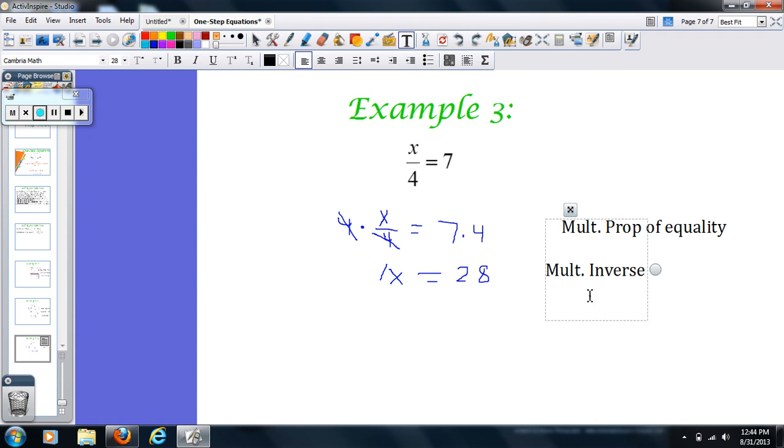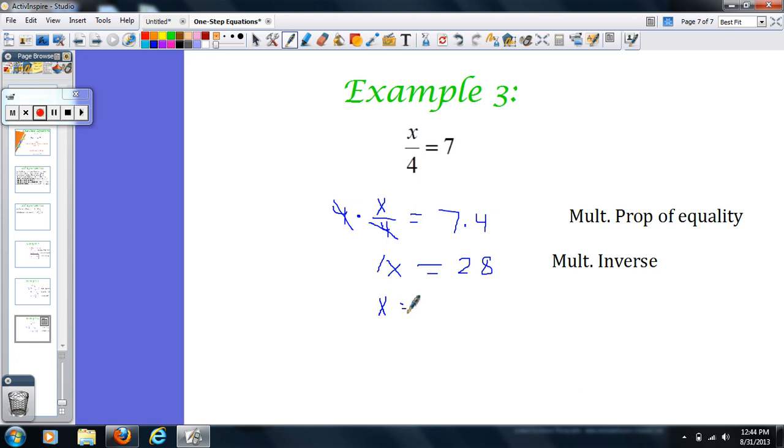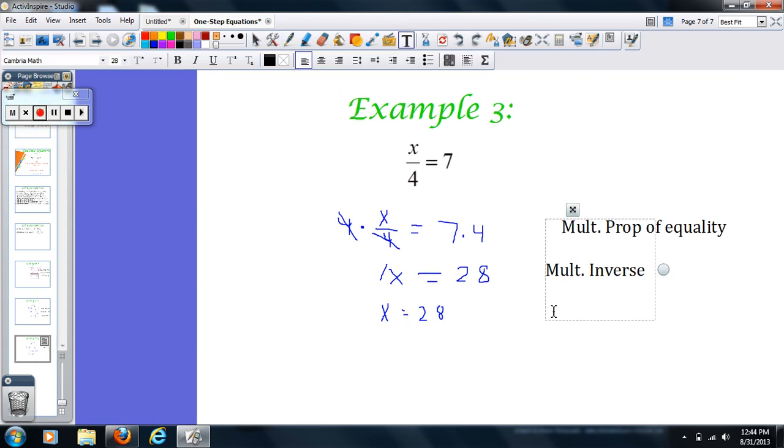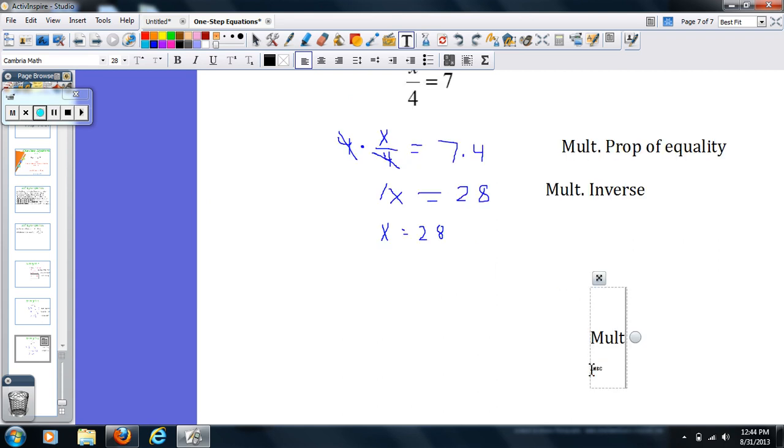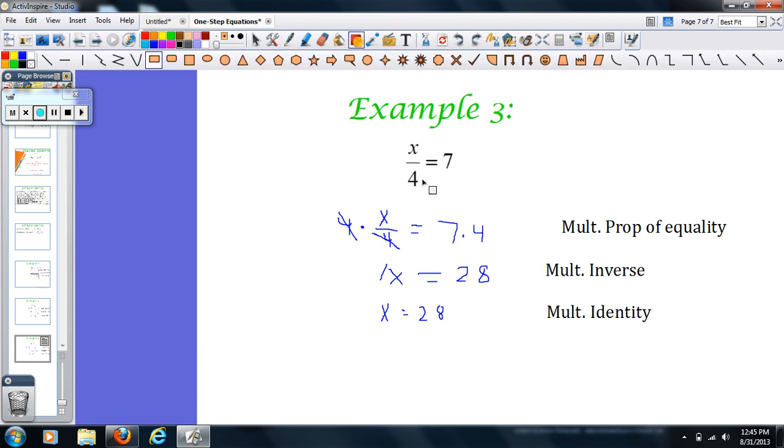Multiplying by 4 and dividing by 4 will give us 1 here, and then this will be x equals 28, and that was thanks to the multiplication. Oops, let me click on this one. Make a new box. Multiplicative identity. Here. And again, that gives me my answer of x equals 28.